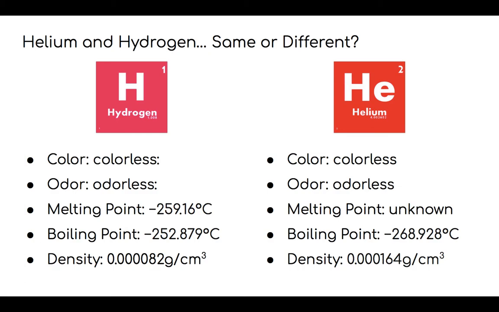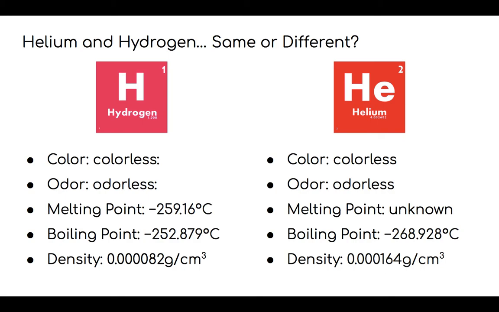However, if we look at just this small sampling of their properties, even if we did not know the identity of these two gases, we could identify them and tell them apart from one another. So if we look at the properties of hydrogen here, we see that it is an odorless and colorless gas. If we look down here, we see its melting point, boiling point, and density.